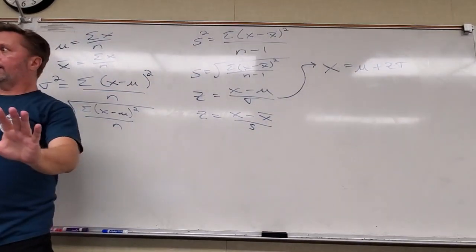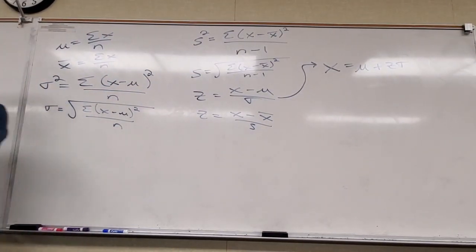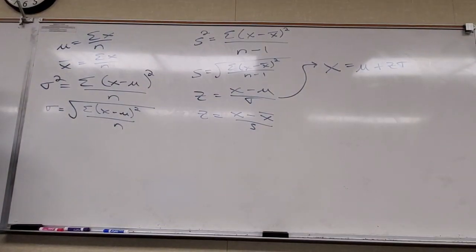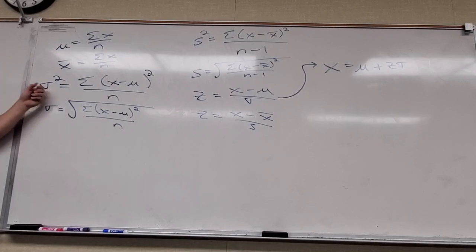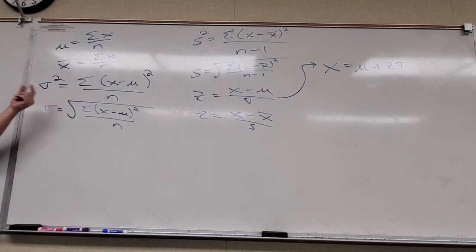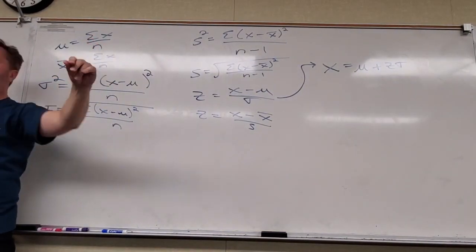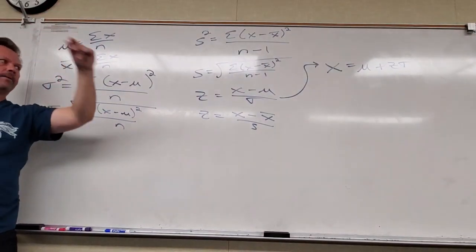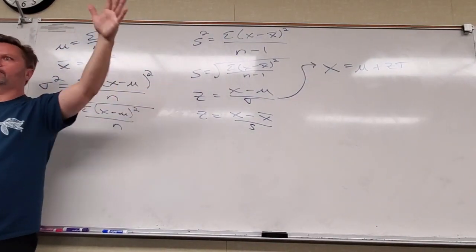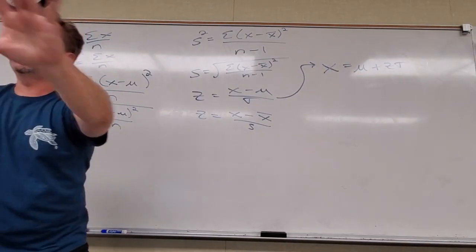That's way more than you have to know right now. There's a certain name for this; it targets the actual population parameter, while this does not target the parameter. More than you had to know, I'm sorry.